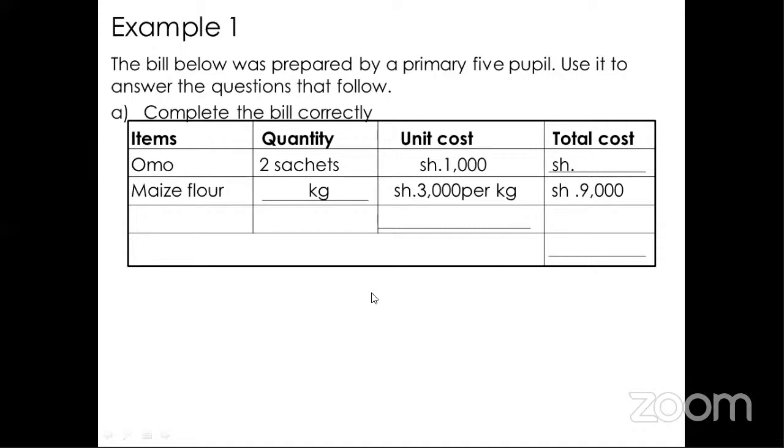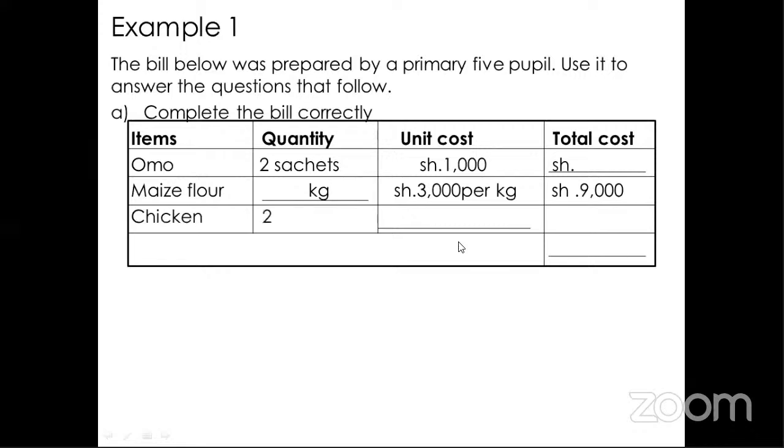The quantity is missing. So, Abudala, how do we get the quantity which is missing? You divide 9,000 by 3,000. So that is total cost divided by the unit cost. Very good. So that is what I told you to keep on remembering.